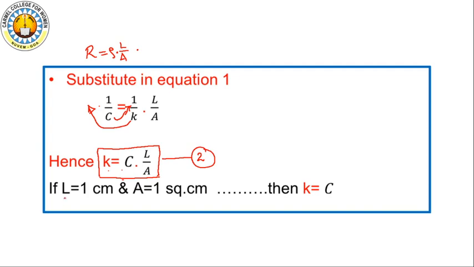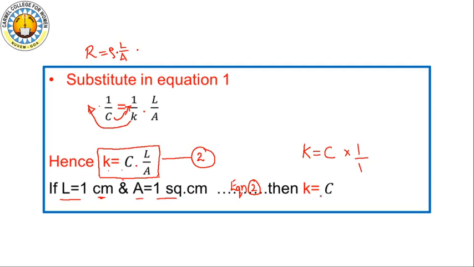Now, if I put L is equal to 1 centimeter and area as 1 square centimeter, what will happen to this equation 2? Equation 2 will then become K is equal to C into L upon A. L is 1 and A is 1. So in place of L, I'm going to put 1, and in place of A, I'm going to put 1.